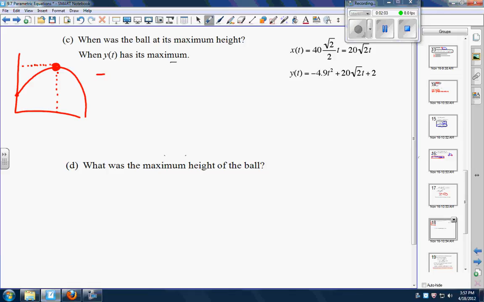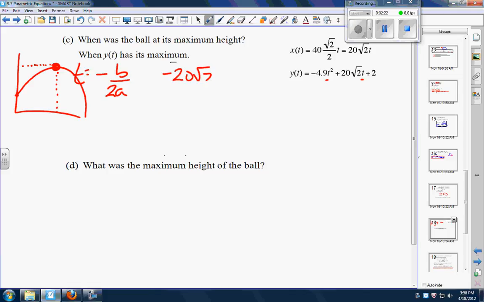We find any maxes and mins by negative b over 2a. We usually say x equals that, but in this case we're trying to find the t. So we're simply going to say the maximum time here is negative b over 2a.